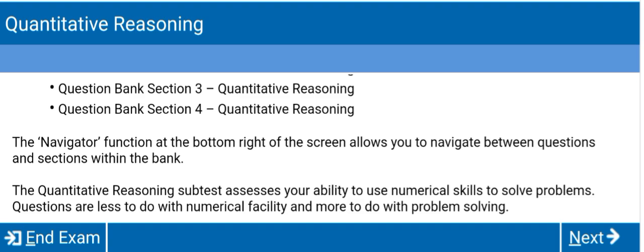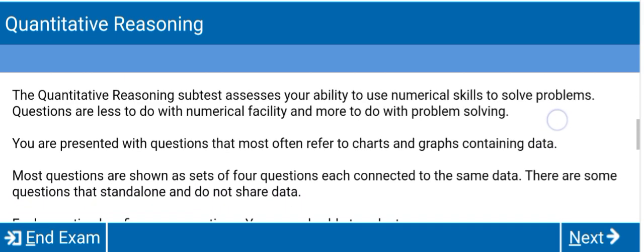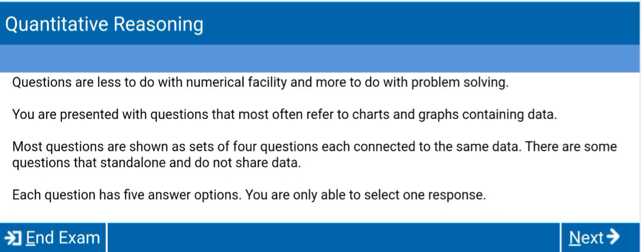The quantitative reasoning subtest assesses your ability to use numerical skills to solve problems. Questions are less to do with numerical facility and more to do with problem solving. You are presented with questions that most often refer to charts and graphs containing data.